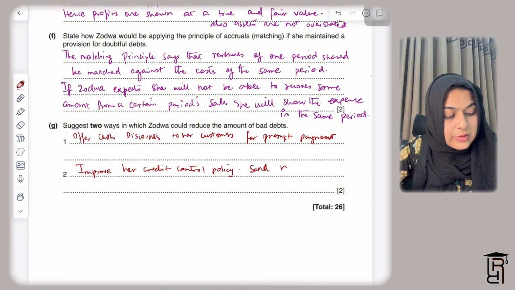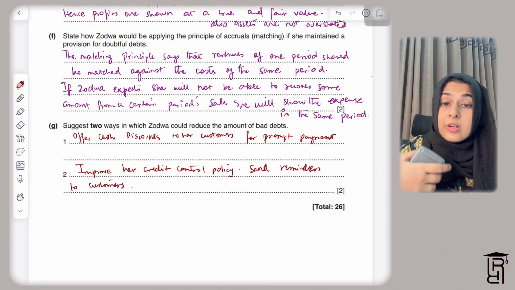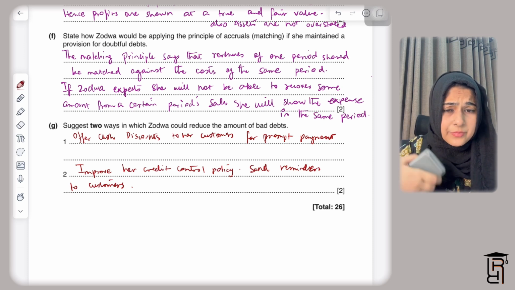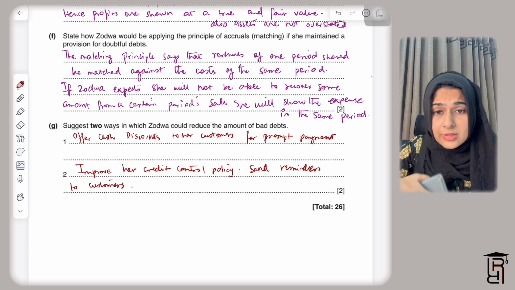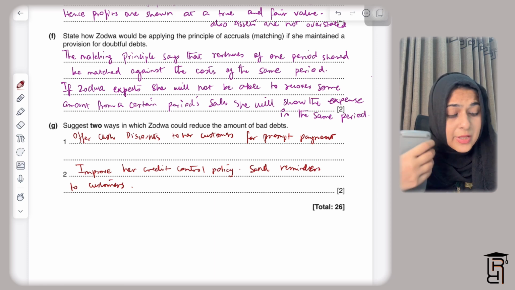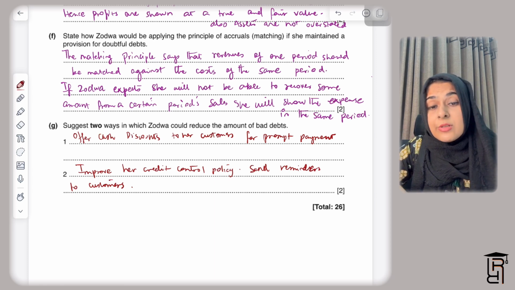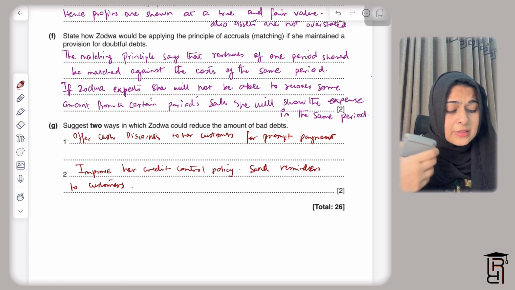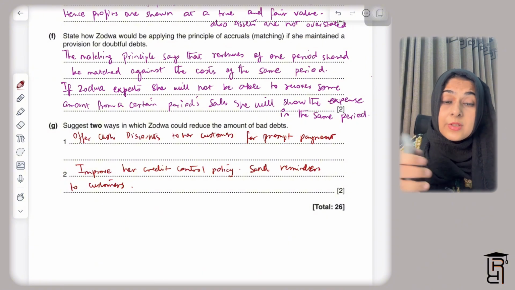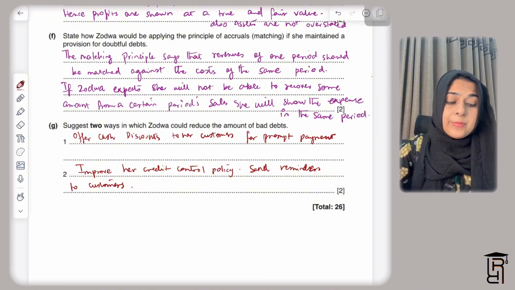She can issue her invoices and statements of account on time, so that her customers pay on time. And they are also again and again reminded of the amount due from them.